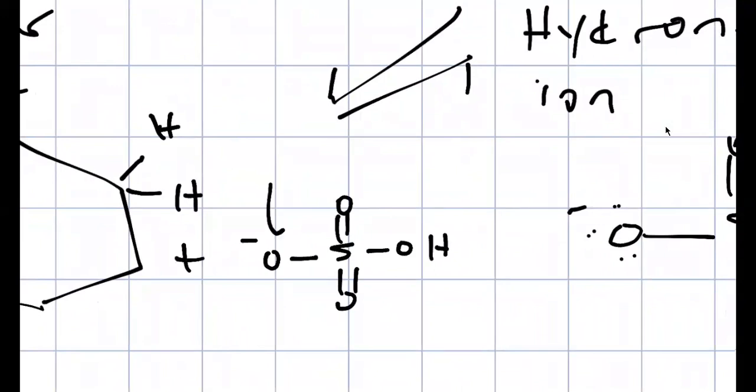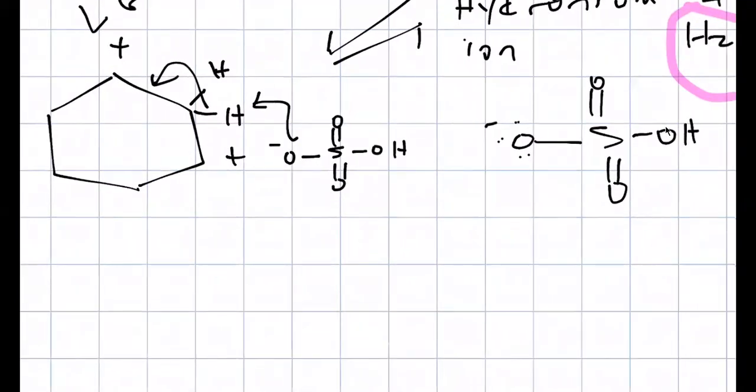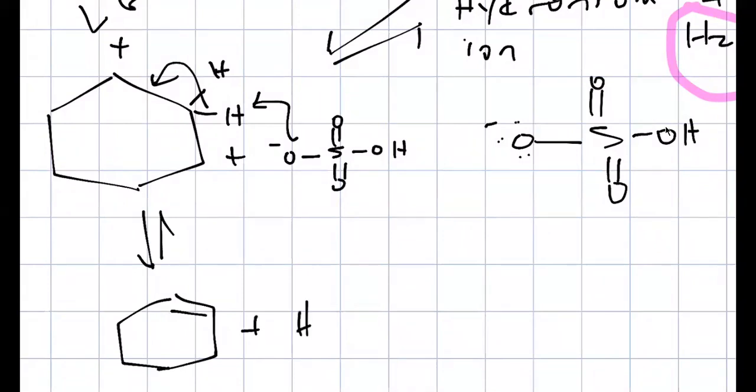All right, so now this can come in, boom, and then take that proton from there and do your elimination, right? And that's going to give you your product, which looks like this, plus the acid regenerated, plus water.